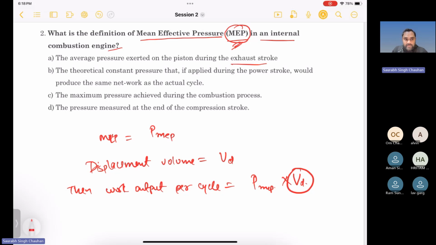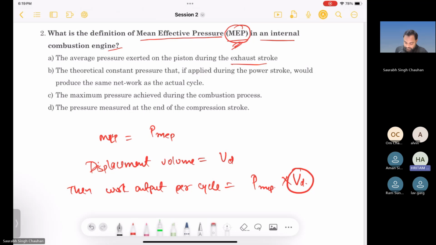For example, whenever you are going to purchase one motorcycle, let us say, or bike, then you will ask how much cc engine this bike is having, right? 150 cc, 200 cc. Have you heard these terms, cc? So what is that cc?